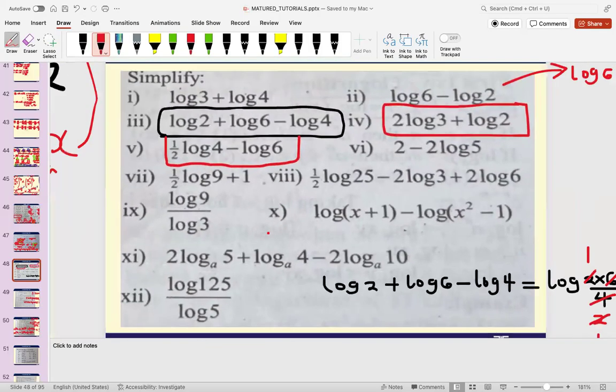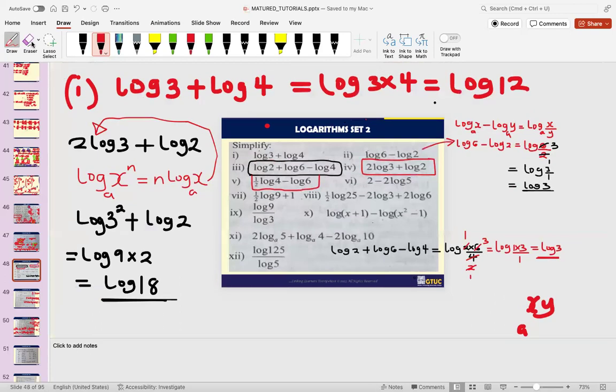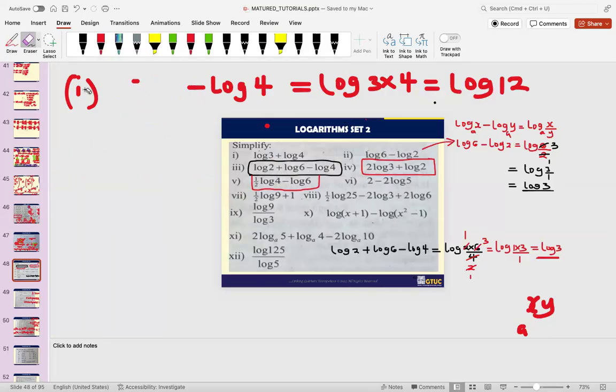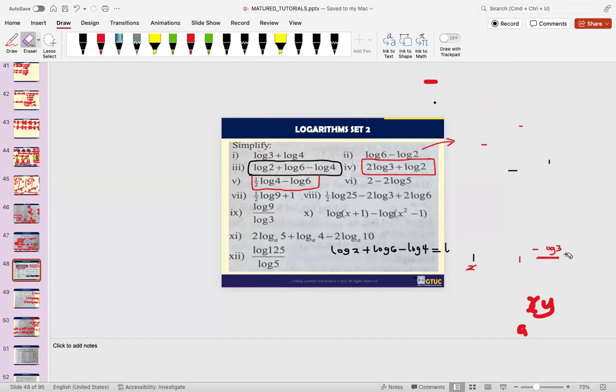We use the same strategy like we just did here. The same strategy can be deployed to work half log 4 minus log 6. So let me create a space and then we can work that one out. We'll still have a problem. There's a number at the back of the log. We need to clear it before we can proceed with what we are doing. So we use the same strategy we used for the previous one in tackling this current one.